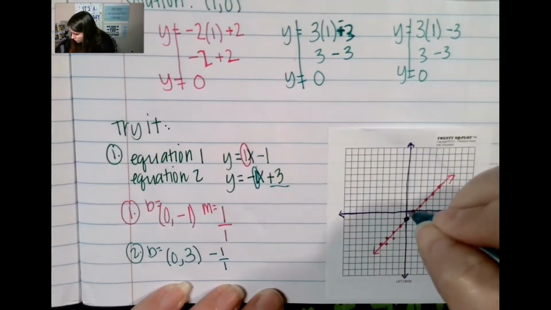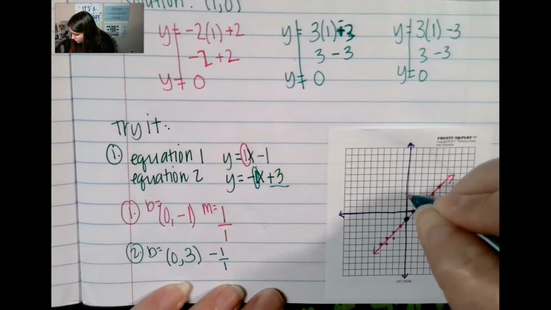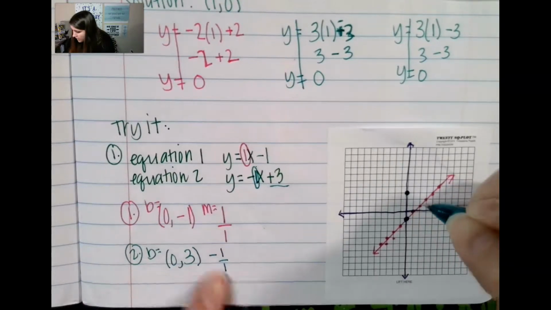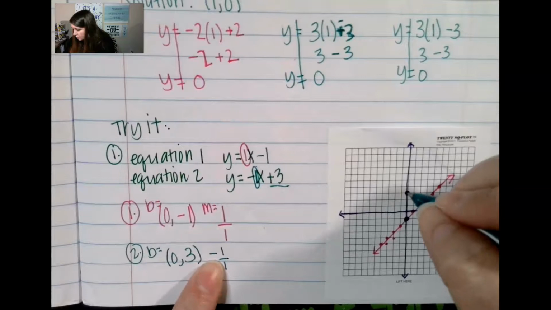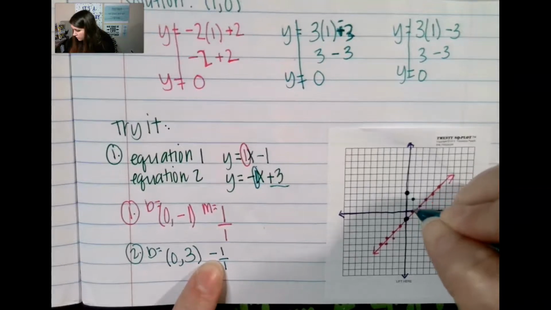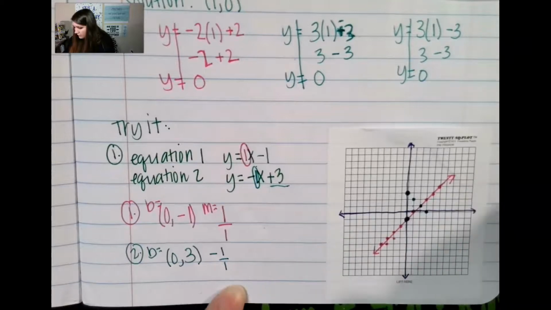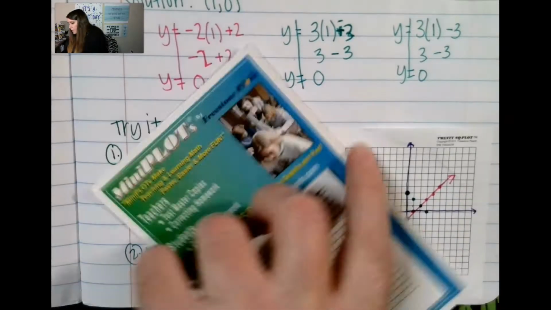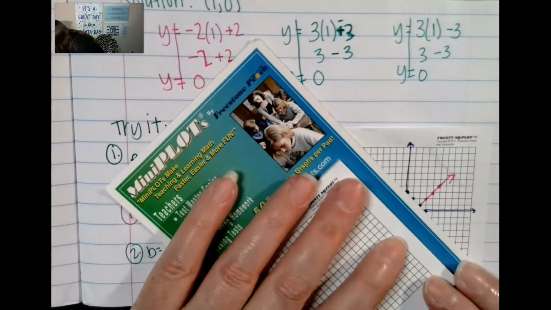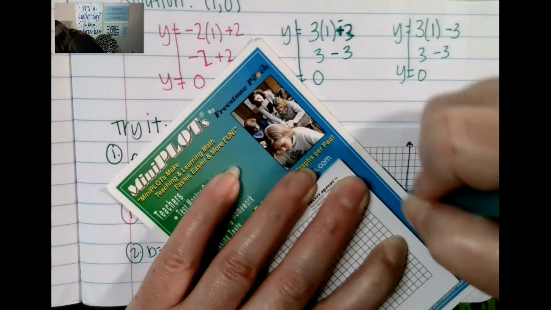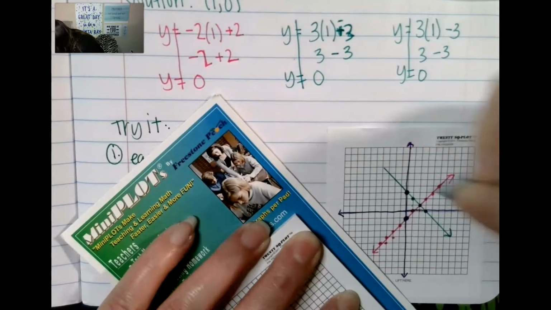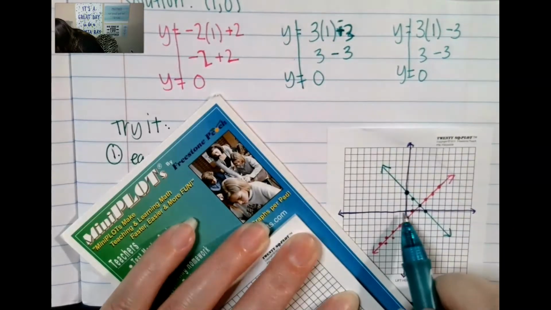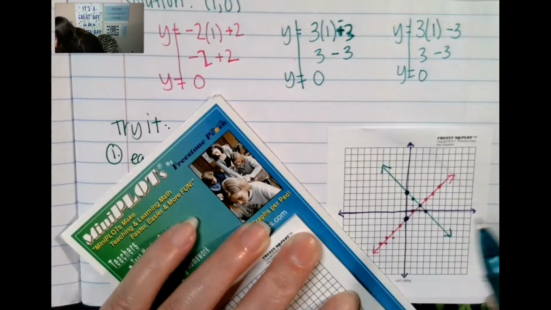So we're going to go to 0, and then 1, 2, 3. Again, this one is a negative slope, so we're going down and over, down and over, down and over. And if you look, you can see right here that our line crossed, which is over 2, up 1.